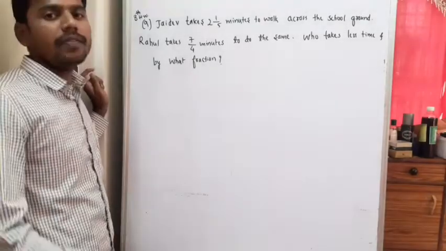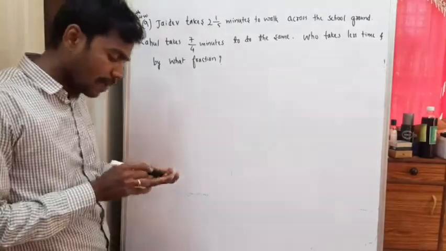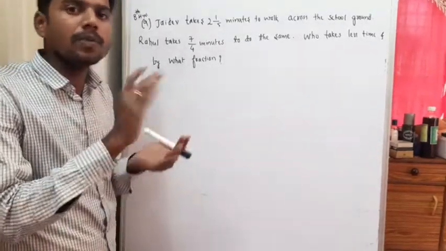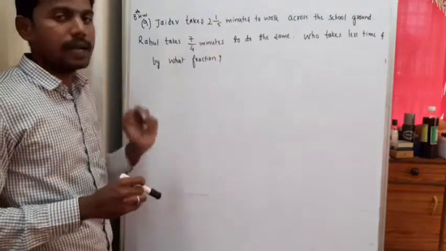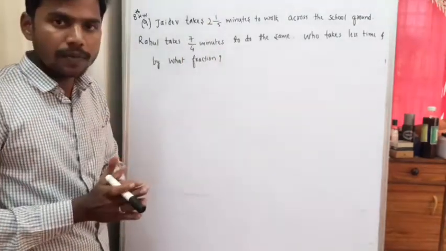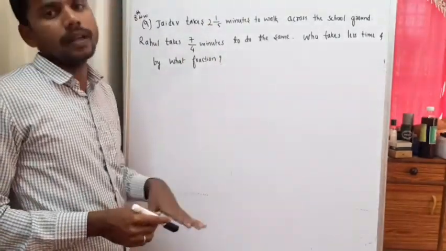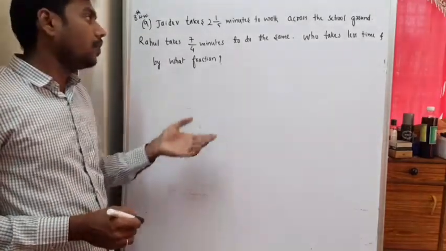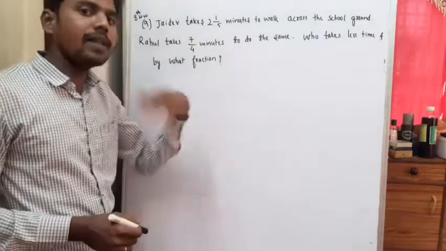See, to compare any fractions, what is the basic criteria? We need to have the denominator same or the numerator same. We can't make the numerator equal, but we can make the denominator equal. So after making the denominator equal, we'll compare. Then by what fraction he takes less time, we'll see later.